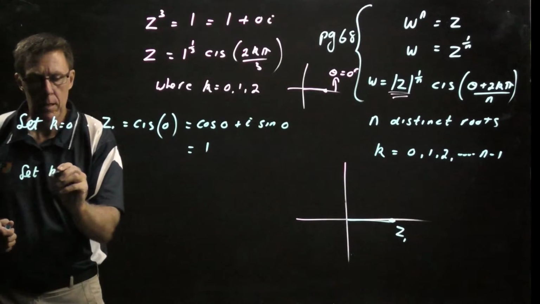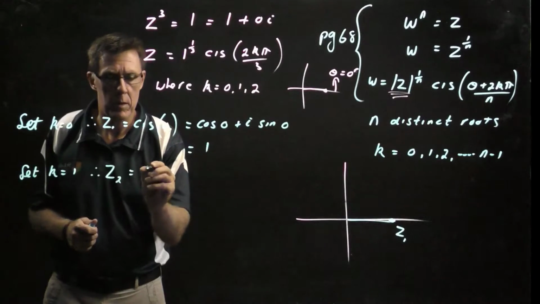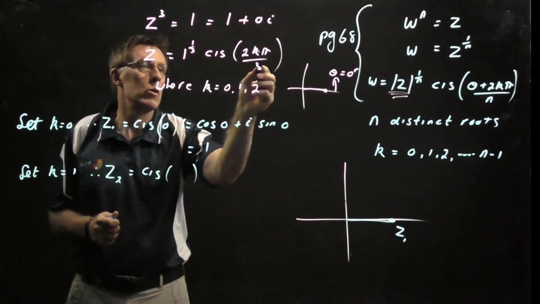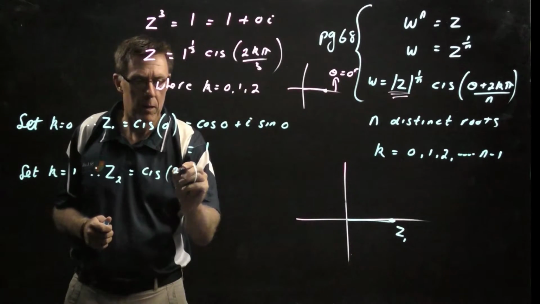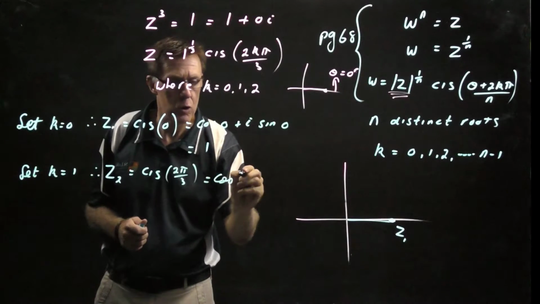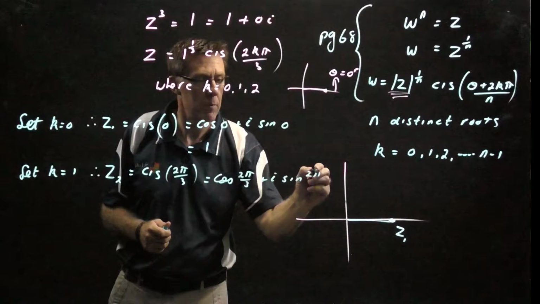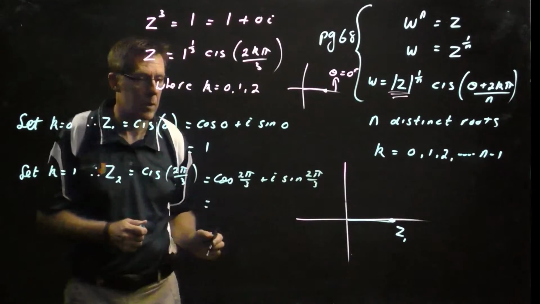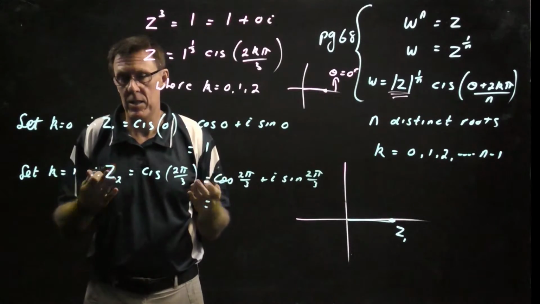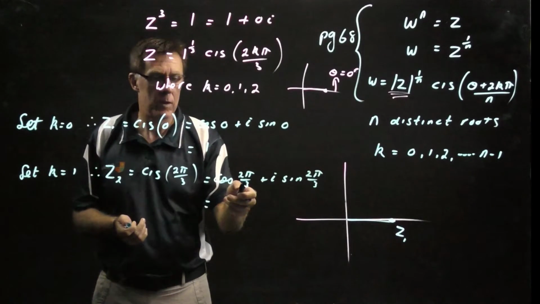Let k be equal to 1. Therefore my second solution is going to be cis, where k is 1, so 2 times 1 times pi over 3. So I'm going to have 2 pi on 3. So it's cos 2 pi on 3 plus i sine 2 pi on 3. Now, pi on 3 is exactly 60 degrees, so that's 120 degrees.